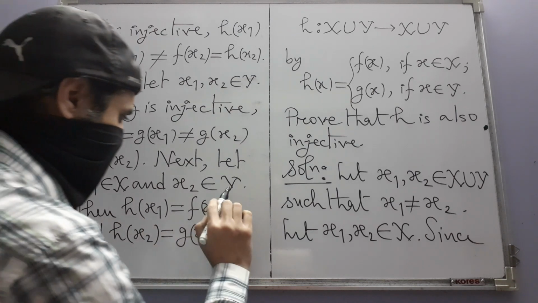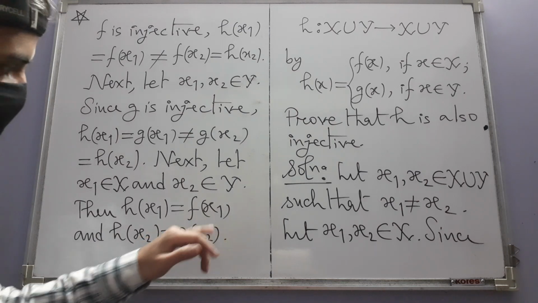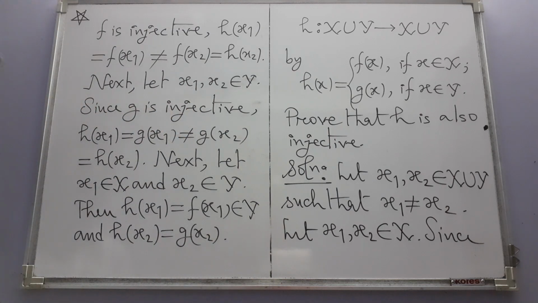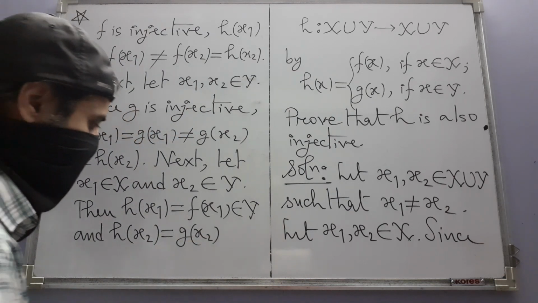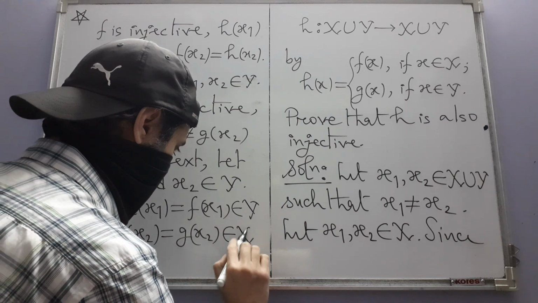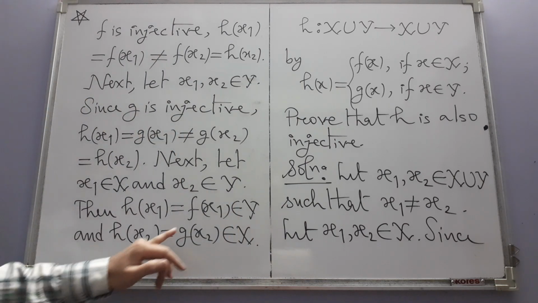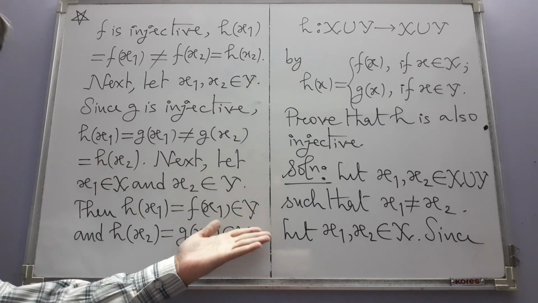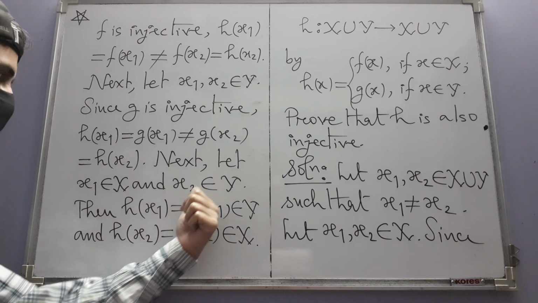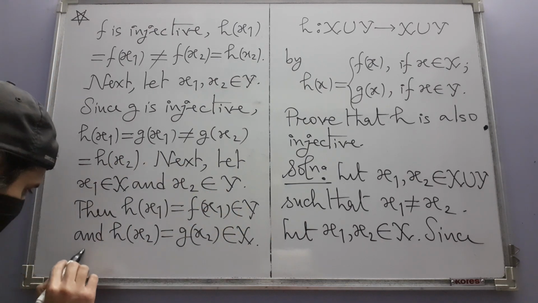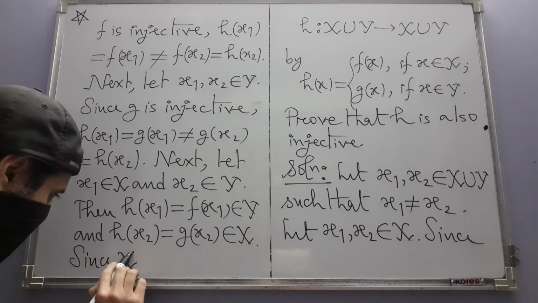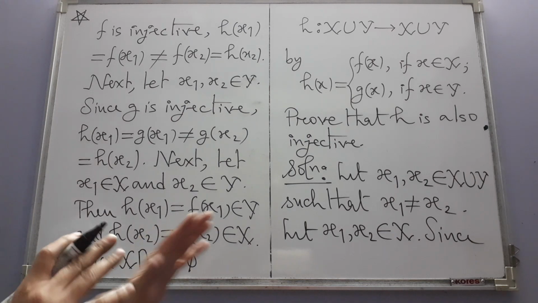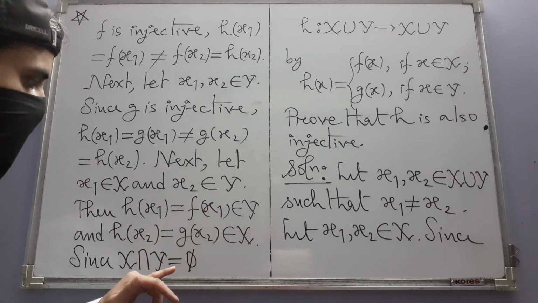Oh, and one more thing, because f maps X into Y, so this belongs to Y. And g maps Y into X, so this belongs to X. Let me see, f maps an element of X into an element of Y, and g maps an element of Y into an element of X. Yes. Since X and Y are disjoint, their intersection is empty, so there is no element common. In particular, these two cannot be the same element.